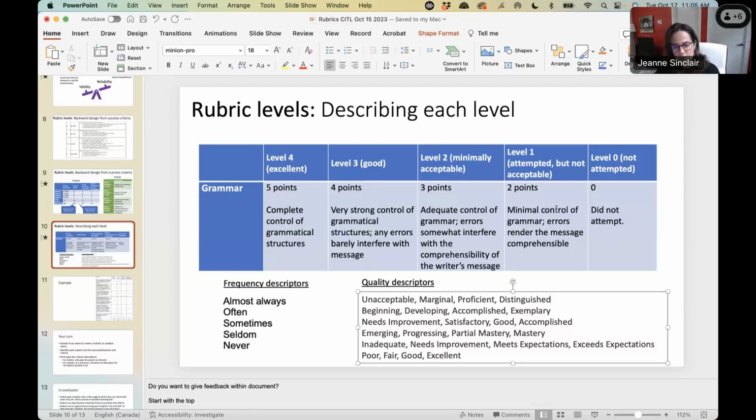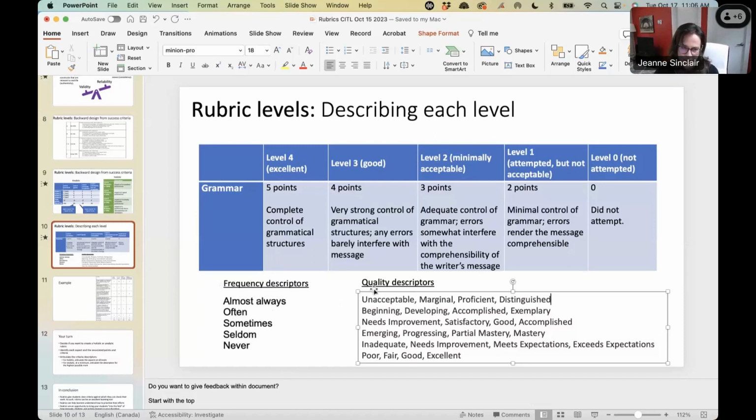If you do choose to describe each level, you can use frequency descriptors like here. This is kind of like a Likert scale: almost always, often, sometimes, seldom, never. So this is how frequently. And then you can have quality descriptors over here on the right-hand side, that pertain to the quality of the work.